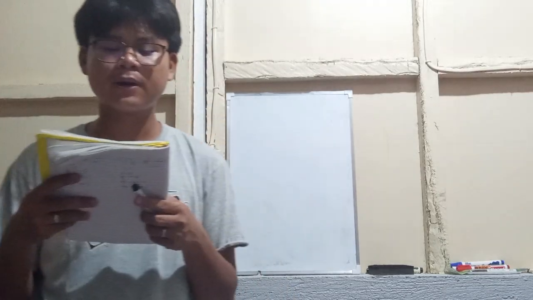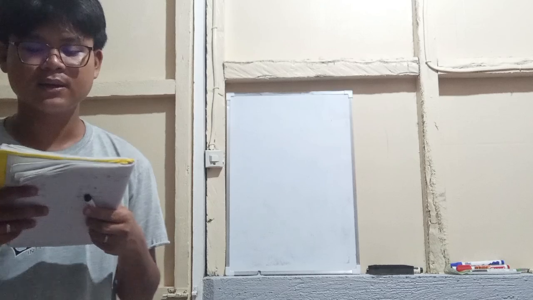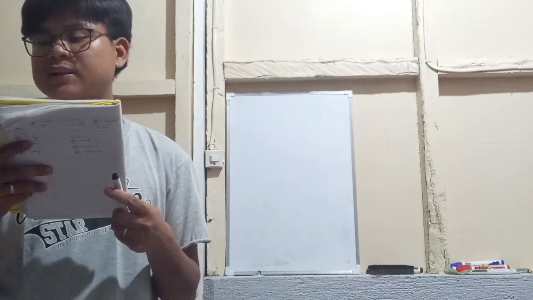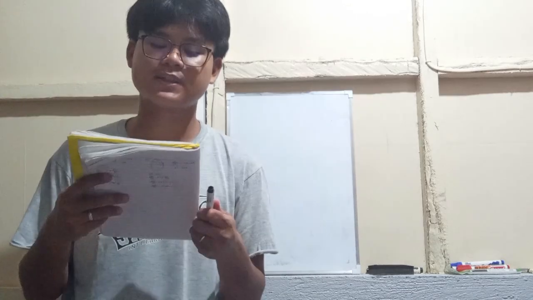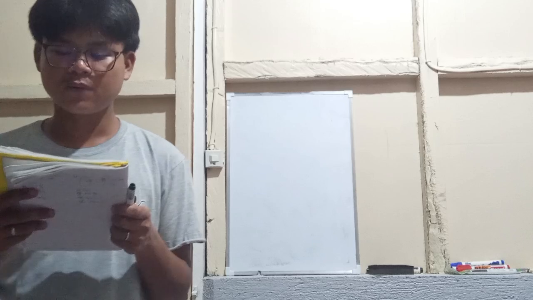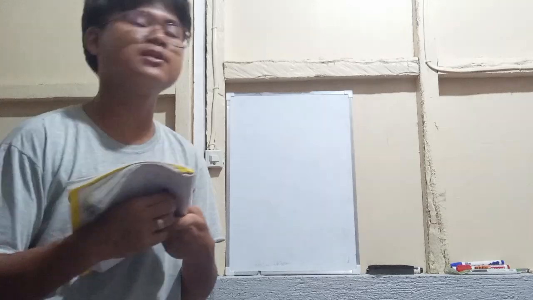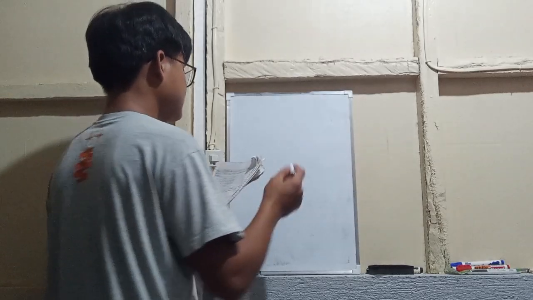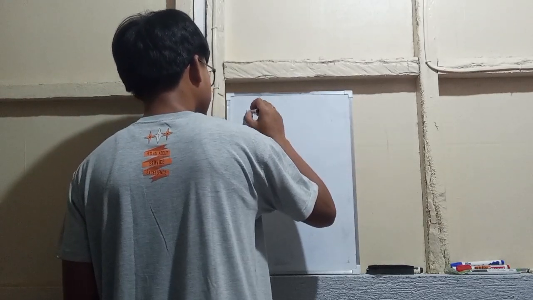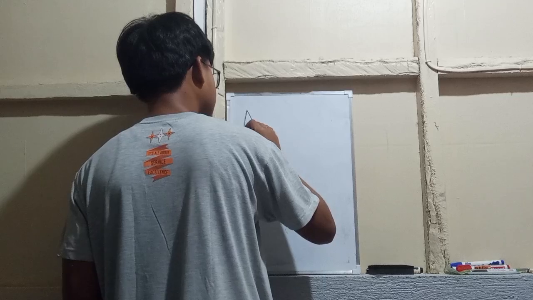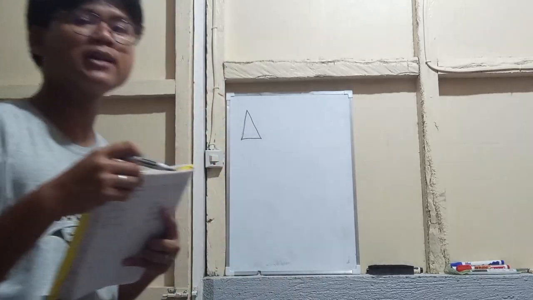A triangle has variable sides x, y, z subject to the constraint such that the perimeter is fixed to 18 cm. What is the maximum possible area for the triangle? So first, we'll draw what is being asked. So, a triangle, we'll assume that it is an equilateral triangle.